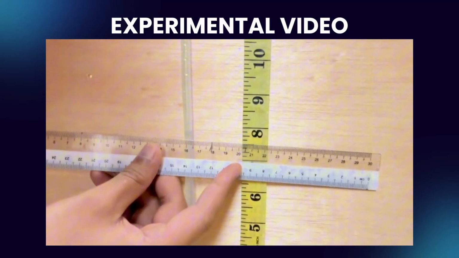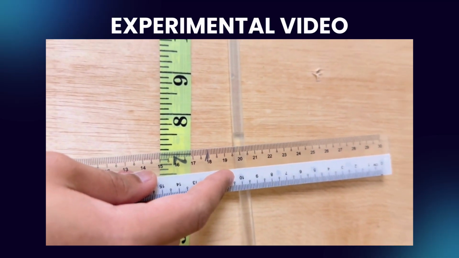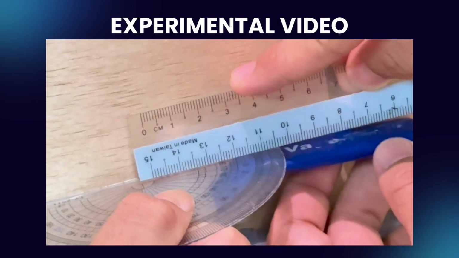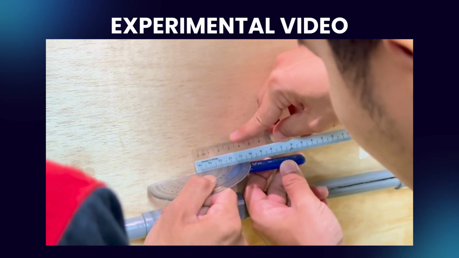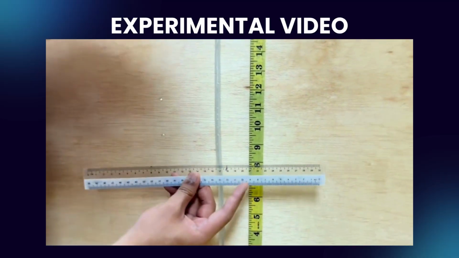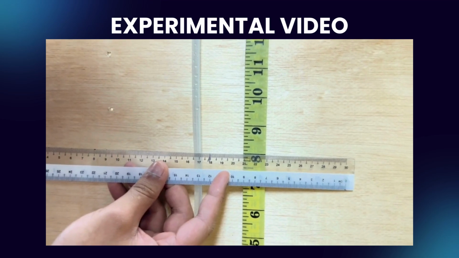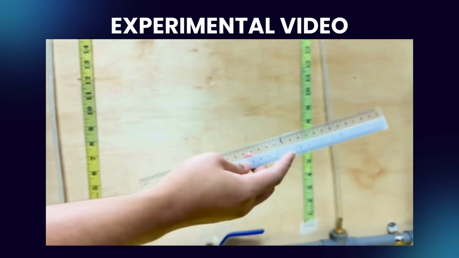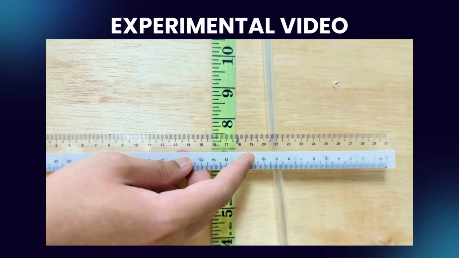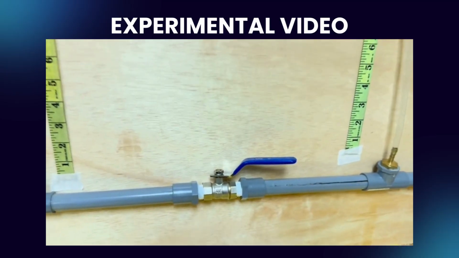As we can see, for the inlet we have almost 7.7, and for the outlet we have almost 7.2 for 0-degree. Next, for the second angle, we use a 10-degree angle using a ruler and protractor. For the inlet pressure, we have almost 8 inch, and for the outlet pressure, we have almost 7.5 for the 10-degree reading.